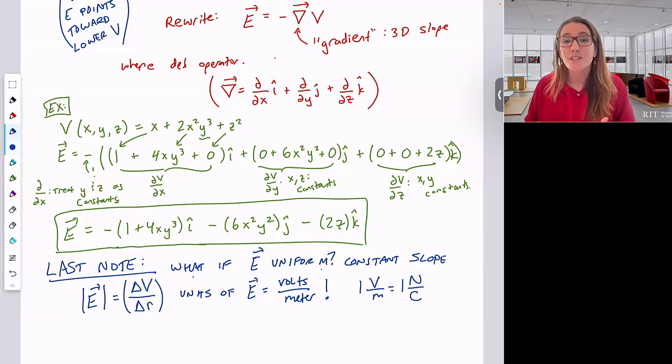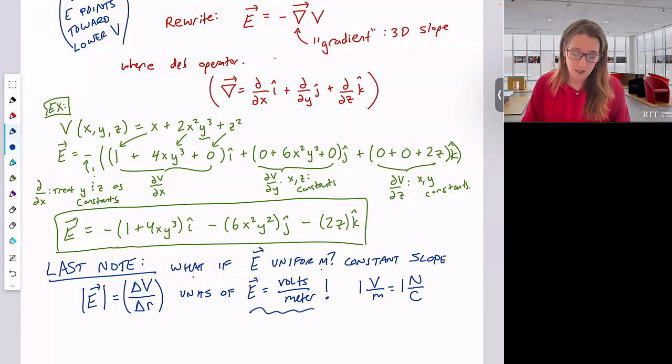So both of those could be used for electric field. If you're thinking about forces, then the Newton per Coulomb is a useful definition. If you're thinking about volts per meter and the spatial nature of this potential in electric field, then volts per meter is useful.